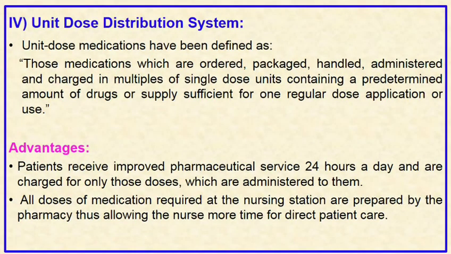Now the last type is the unit dose distribution system. Unit dose medications have been defined as those medications which are ordered, packaged, handled, administered and charged in multiples of single dose units containing a predetermined amount of drugs or supply sufficient for one regular dose application or use.